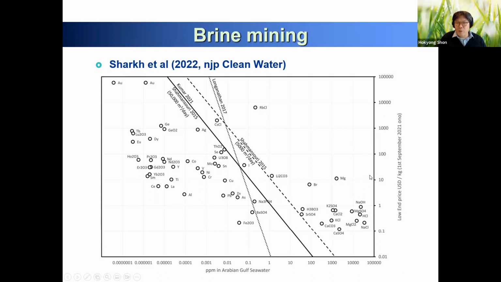carbonate, around $12 or $20 for 1 kilogram. Also magnesium, $10, bromine, and some other compounds: sodium chloride, even table salt, calcium sulfate, calcium carbonate.